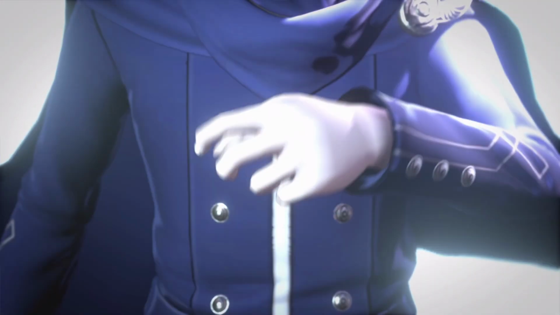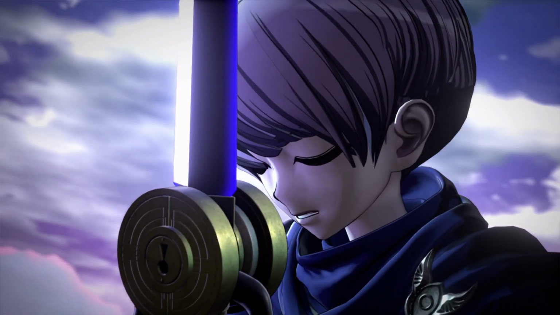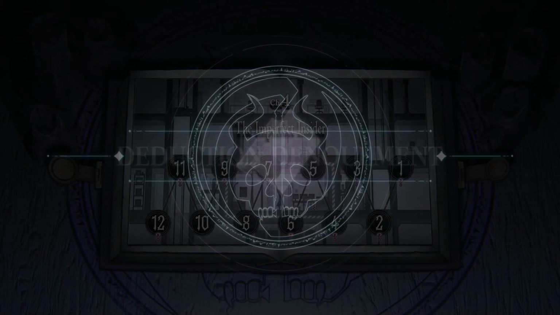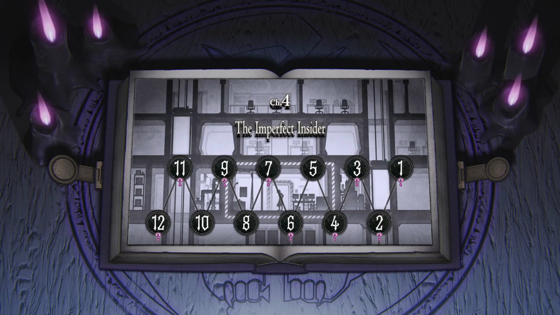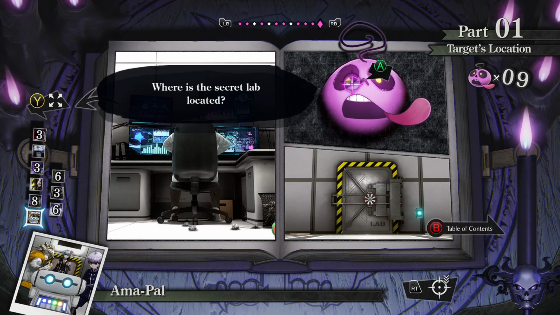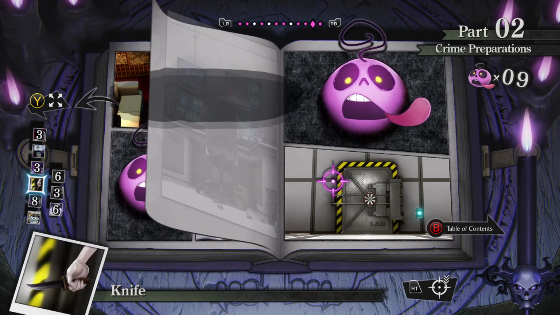We're not gonna get a God Shinigami, or... We're gonna get a book, though. Interesting that we didn't get a God Shinigami. Deduction denouement. The secret lab located. Okay, we can't do that one yet.